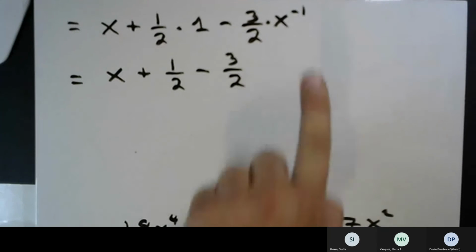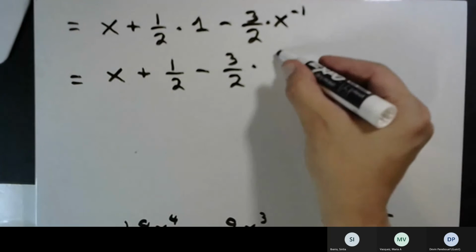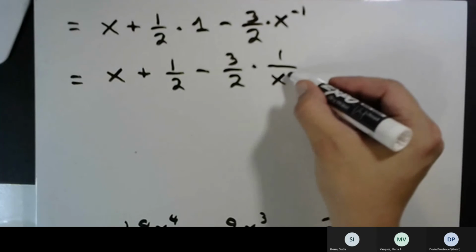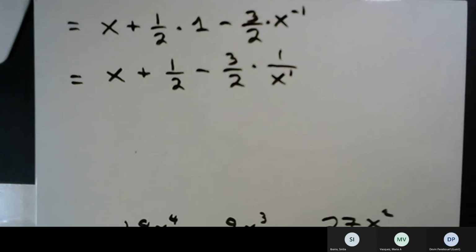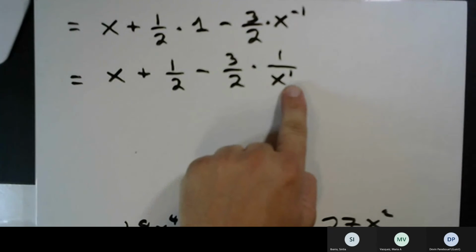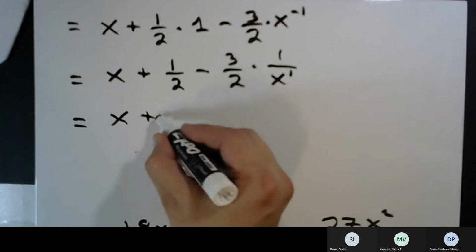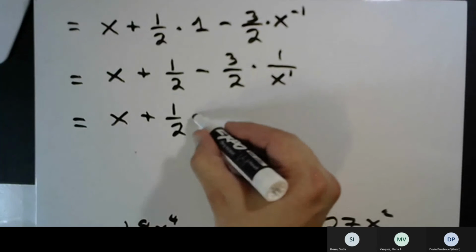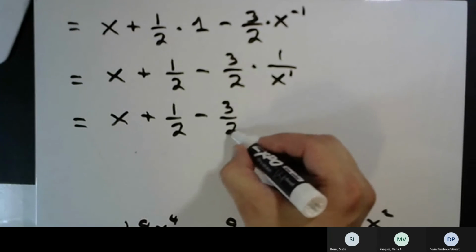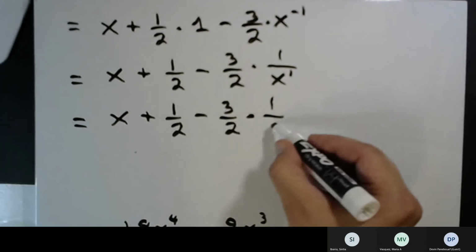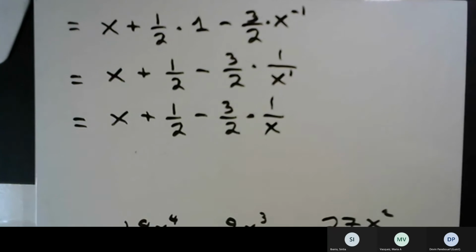Now, this has a negative 1 exponent. You've got to flip it. 1 over x to the 1. And again, x to the 1 is just x. So x plus 1/2 minus 3/2 times 1 over x.